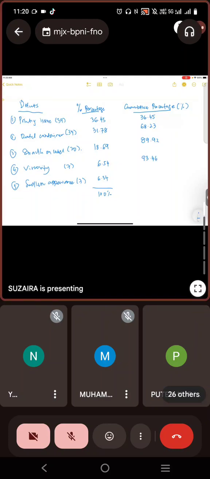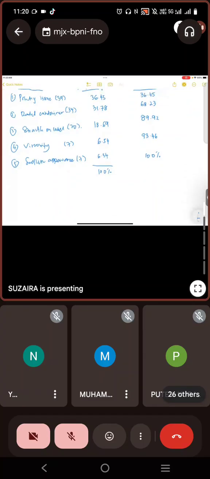And plus with 6.54. 100. Okay. Alright. So once you already have this, what we need to do now is we want to develop the Pareto diagram.